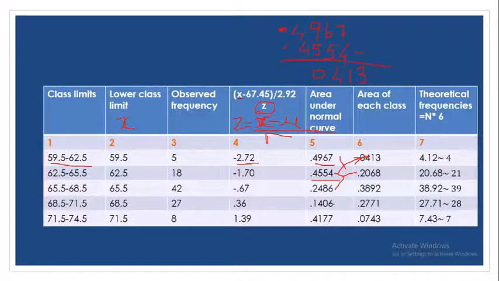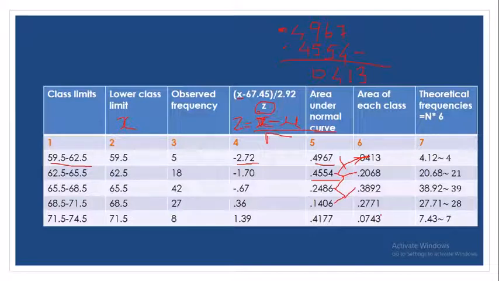Then what about this? You have to subtract 0.1406 from 0.2486 in order to get 0.3892. So this is how you have to fill up your sixth column.